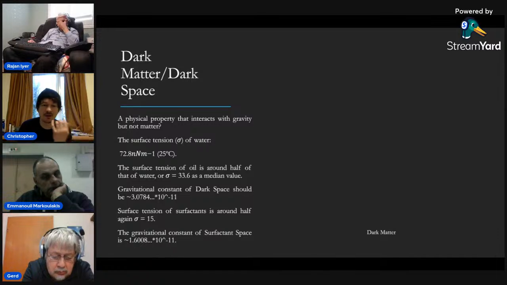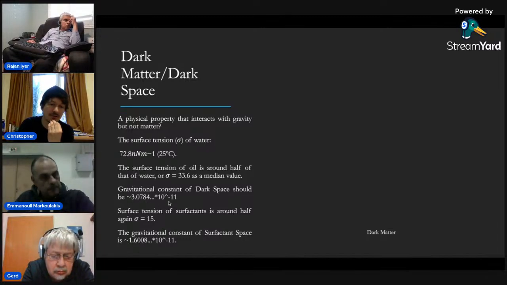That's over a sample of different types of oils, such as coconut oil and mustard oil, etc. And that would mean that the gravitational constant of dark space works out to this value, around 3.07 × 10^11 newtons. Then the surface tension of the surfactant space would be around half that again, so 15, which would come out at 1.6 × 10^11 for that. And I included a picture of dark matter here, just so you know what I'm talking about.